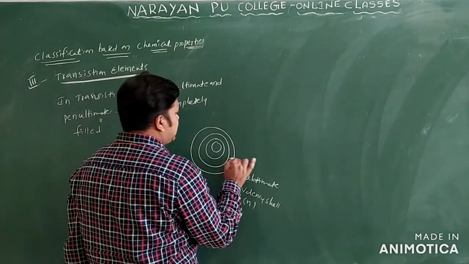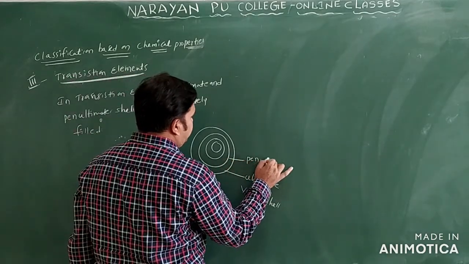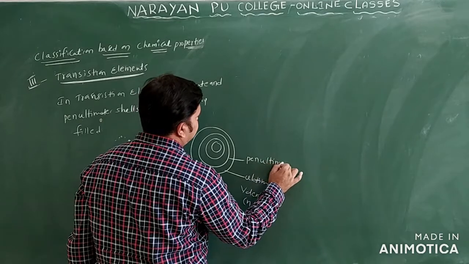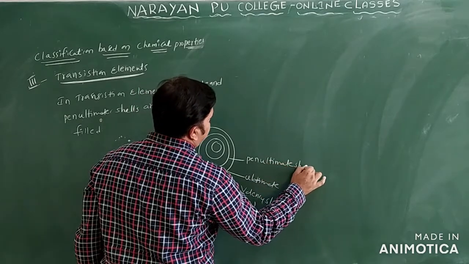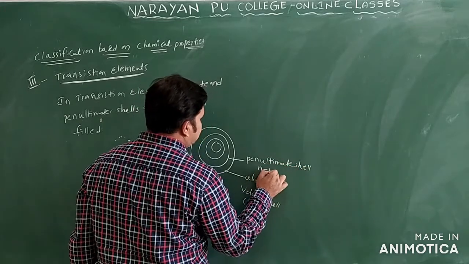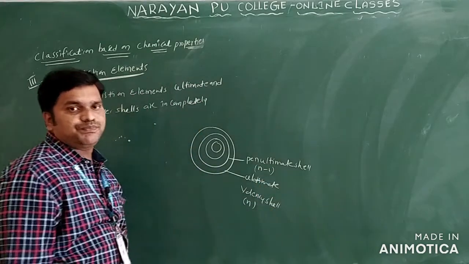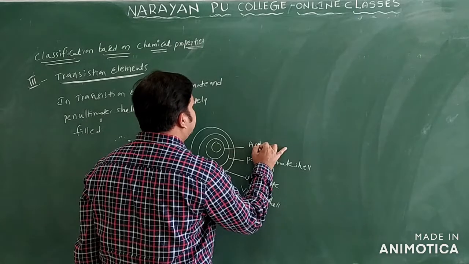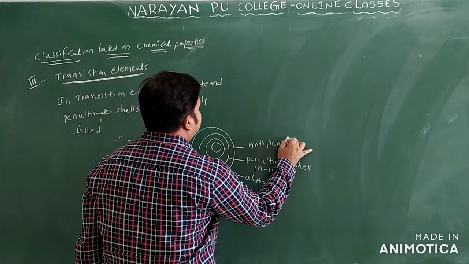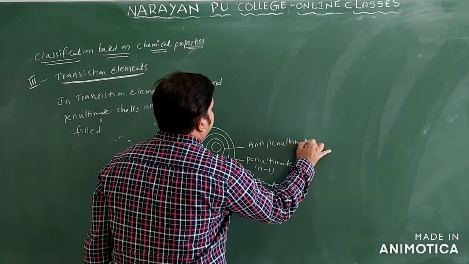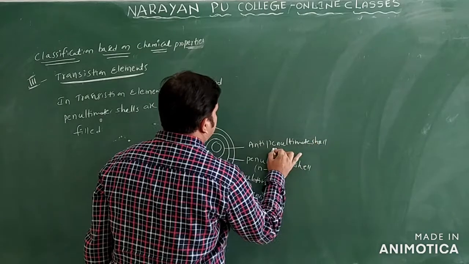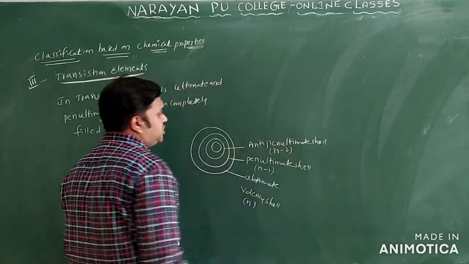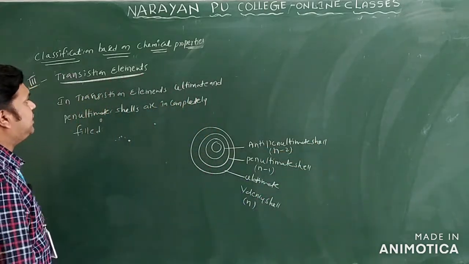Before the valence shell, we call it the penultimate shell, which you write as n-1. Before the penultimate shell, we have the antepenultimate shell, which you write as n-2 only.